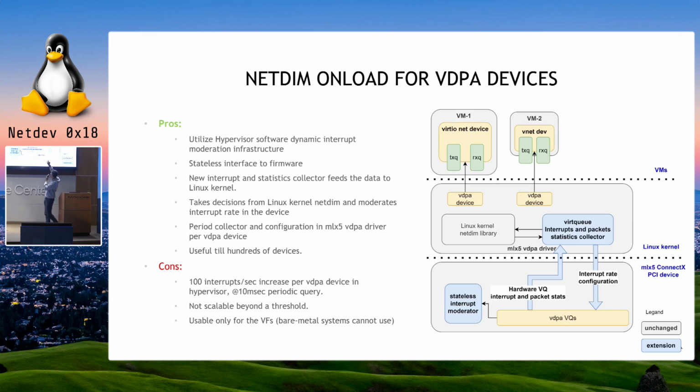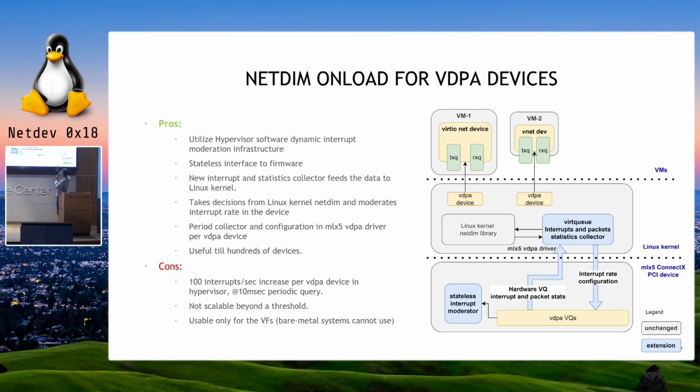So what we do is the VDPA device registers with the Netdev library, and that library does all the calculations of what's the throughput, what's the interrupt rate, what's the bytes per second, and this library is being fed by the device about what's the interrupt rate that it is serving.